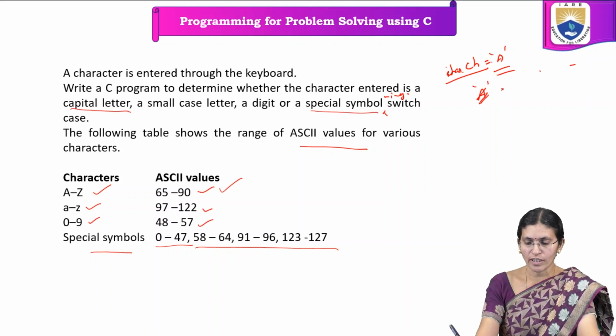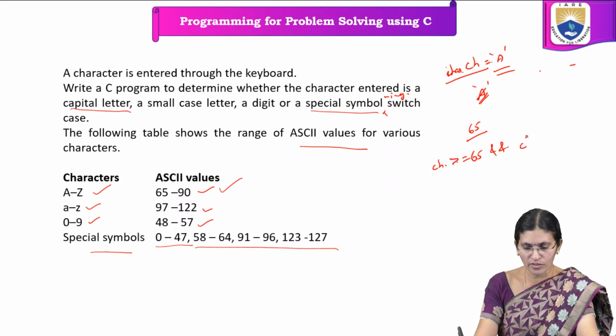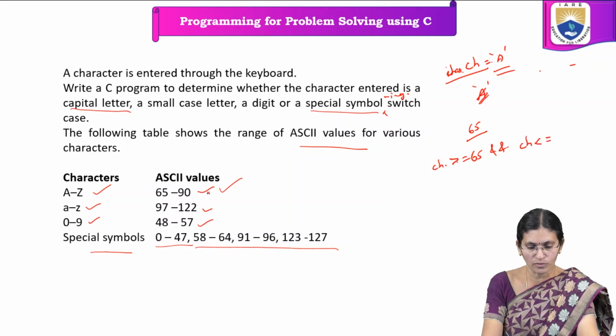Character A is encoded as 65. So if we write the condition that CH is greater than or equal to 65, and also CH is less than or equal to 90, then the given CH value is a capital letter.